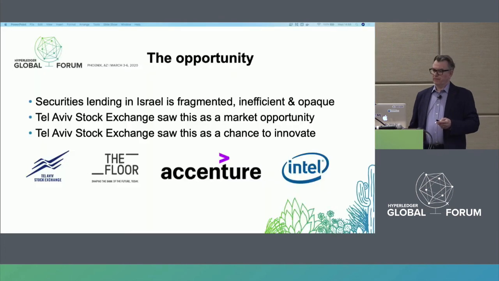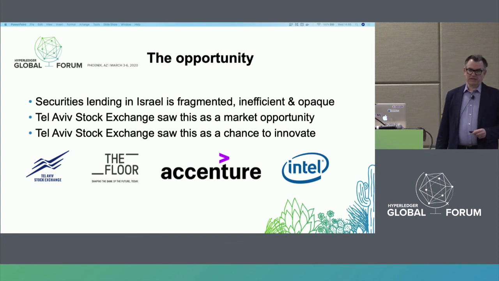So if we go back in time, almost 2 years, there was a hackathon, and by the way, full disclosure, we were not involved at this point, but there was a hackathon in Israel, in Tel Aviv, run by something called The Floor, which is literally a floor within the Tel Aviv Stock Exchange that's an incubator for lots of fintechs.